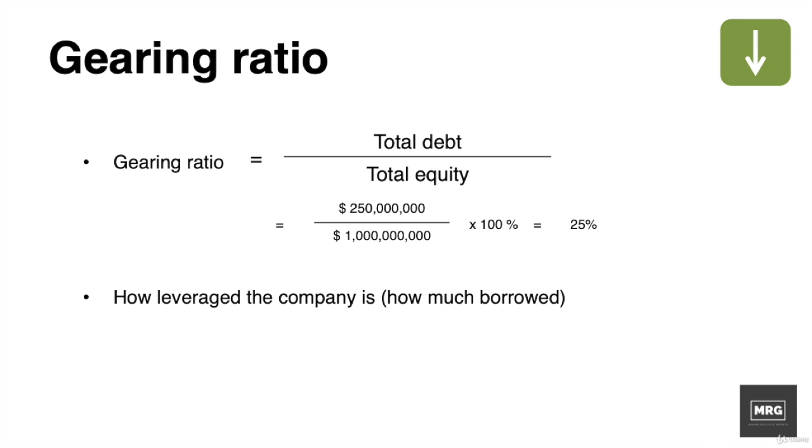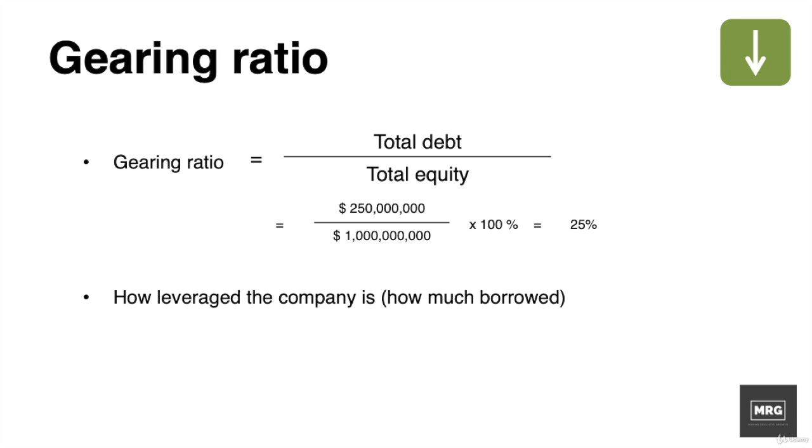The measurement is simple. We want to measure how leveraged the company is, or simply how much the company has borrowed. On the top right corner, you will see the arrow pointing downwards. So technically, the lower the gearing ratio, the safer or less risky the company is.